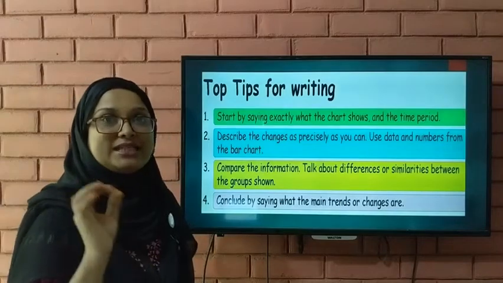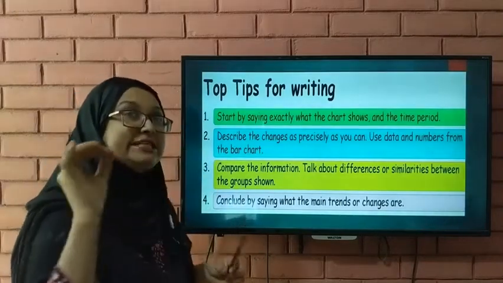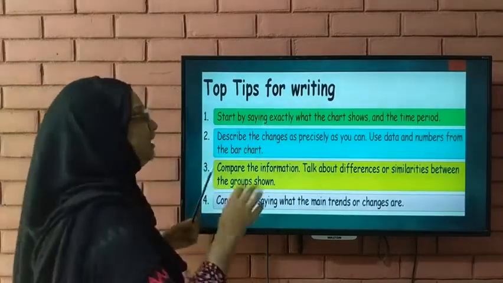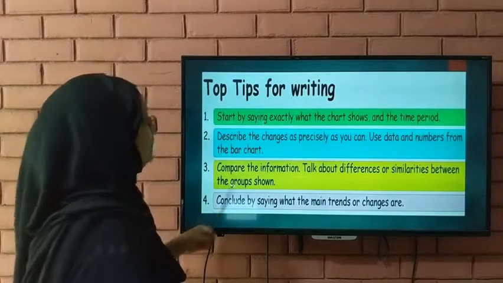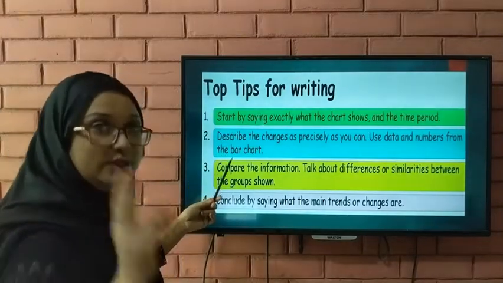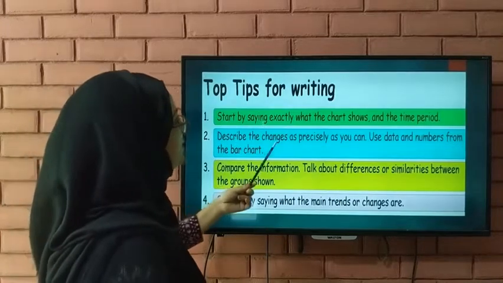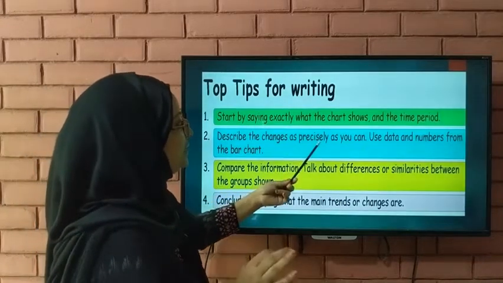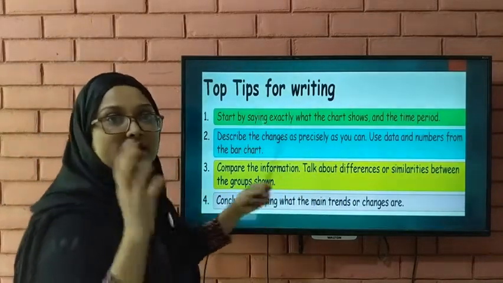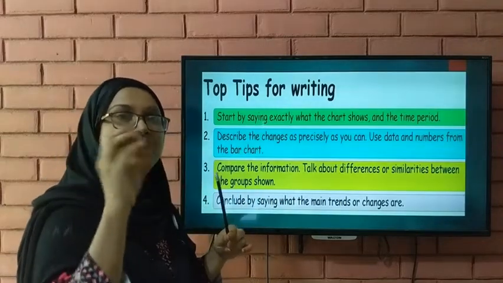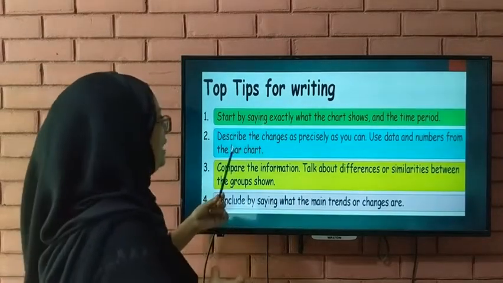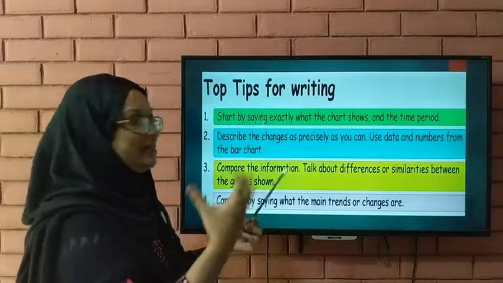You should mention the time period and what the chart is saying. You should just begin with that exactly. Number 2, that means the second para, describe the changes as precisely as you can. That means very briefly you will describe what you can see in the data.